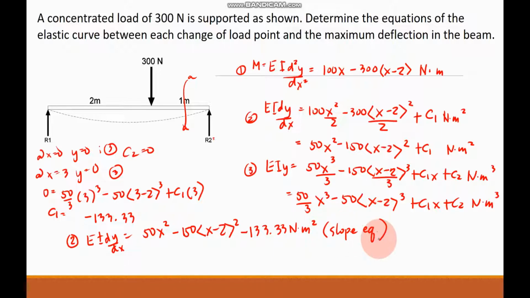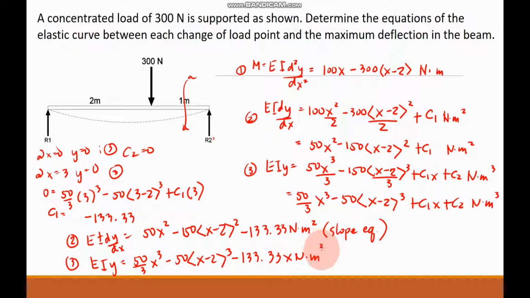And then, for our deflection equation, we have EI y is equal to 50 over 3 x raised to 3 minus 50 (x minus 2) raised to 3 minus 133.33 x Newton meter cubed. So this is our deflection equation. So this is our answer for the equation.